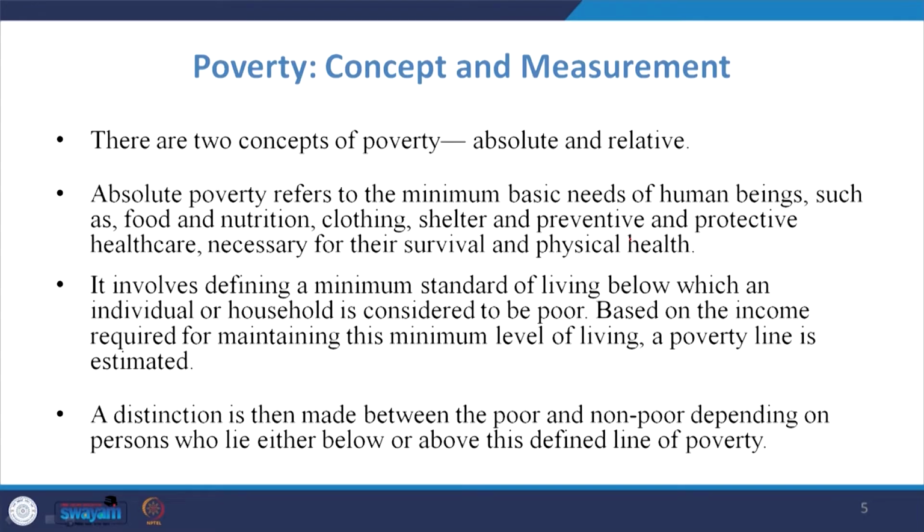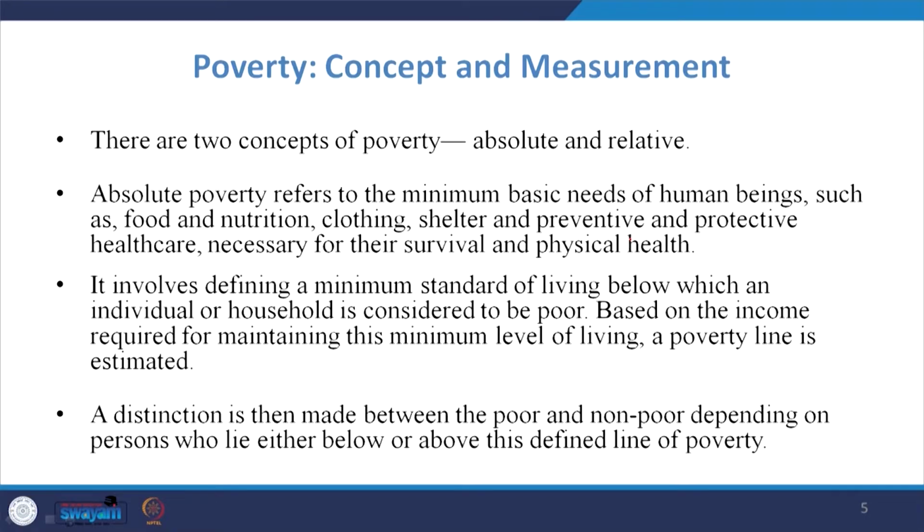Absolute poverty involves defining a minimum standard of living below which an individual or household is considered to be poor, and based on this income required for maintaining the minimum basic level, a poverty line is constituted or estimated. I can explain that, for example, in India poverty is unidimensionally measured, and it is measured on the basis of calories.